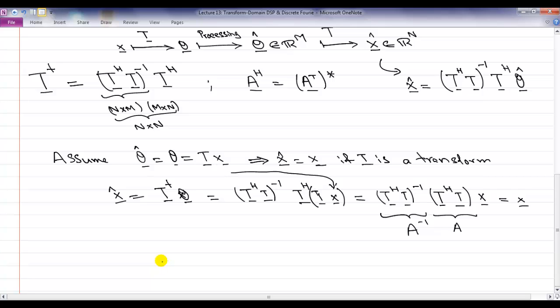So indeed, if I don't do any processing of my transform coefficients, I just get back the original coefficients that I started with. So based upon that, we can define the usual way of transform domain coefficients. We can call theta the transform domain coefficients, or this equation theta equals Tx the analysis equation.